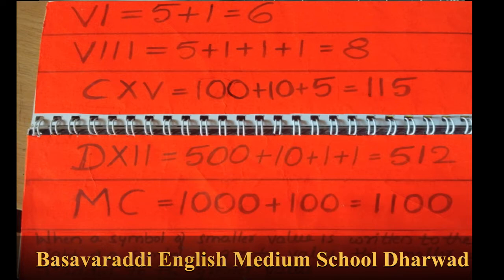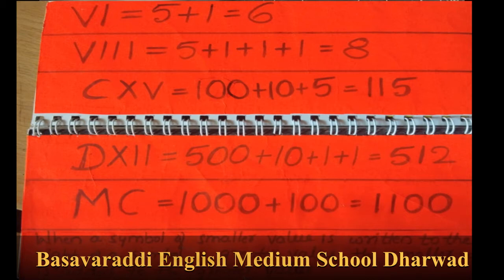One more example for that: D X I I. The value of D is 500, plus 10 plus 1 plus 1 is equal to 512. One more example: M C. The value of M is 1000 and the value of C is 100, so 1100.